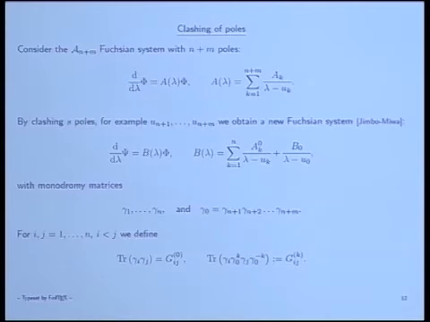Okay, so now I need to be a little bit careful because somehow I've created a new object, and this new Fuchsian system remembers that it's coming from a clashing. So I need to introduce new elements.